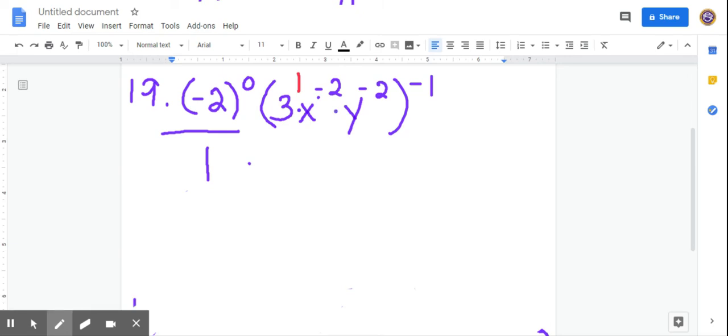So when we have a power to a power, we multiply the exponents. So 3, 1 times negative 1 is negative 1. X, negative 2 times negative 1 is positive 2. And y, negative 2 times negative 1 is positive 2. So now when you multiply, you get 3. Anything times 1 is itself.